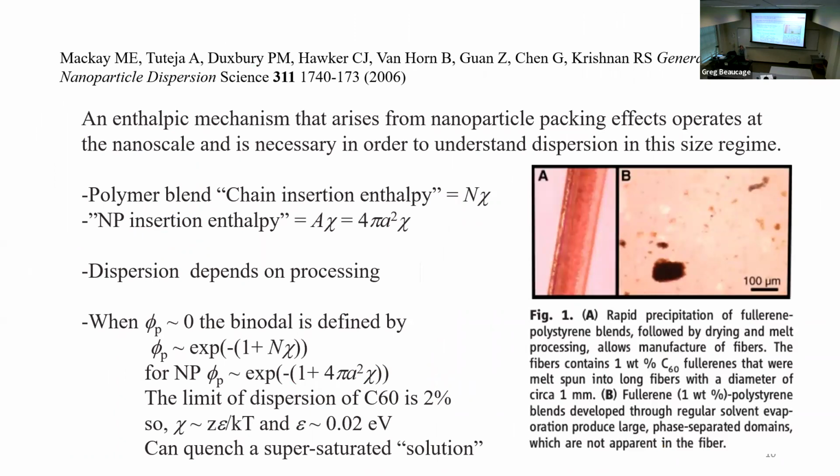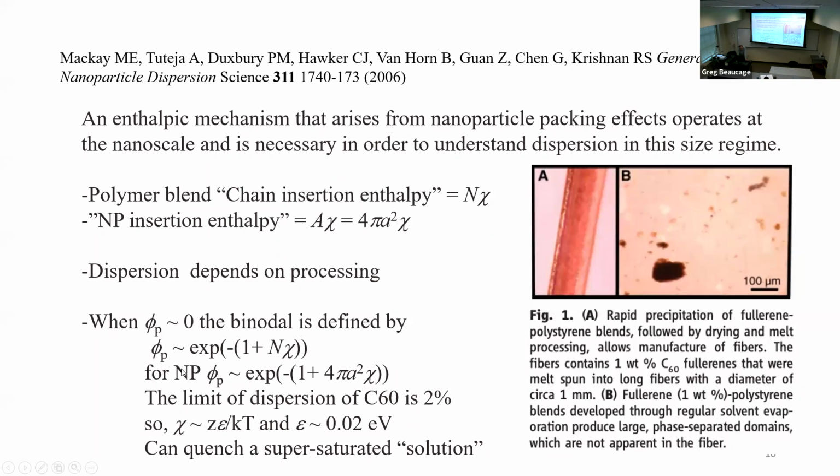Then what else is in this? McKay actually did some kind of analysis. We have the idea of putting a chain in: n times chi, where chi is per monomer unit, gives you the enthalpic energy of insertion. Then he converted that for nanoparticles, because only the surface of the nanoparticle matters. So the surface area with these chains times chi gives him this insertion enthalpy for the nanoparticle.